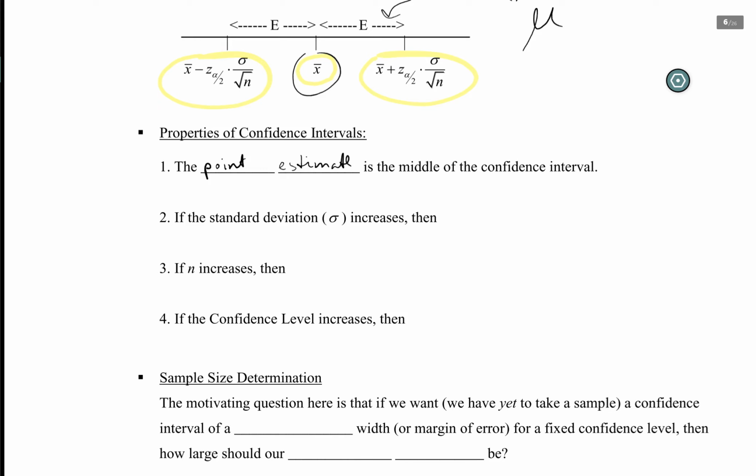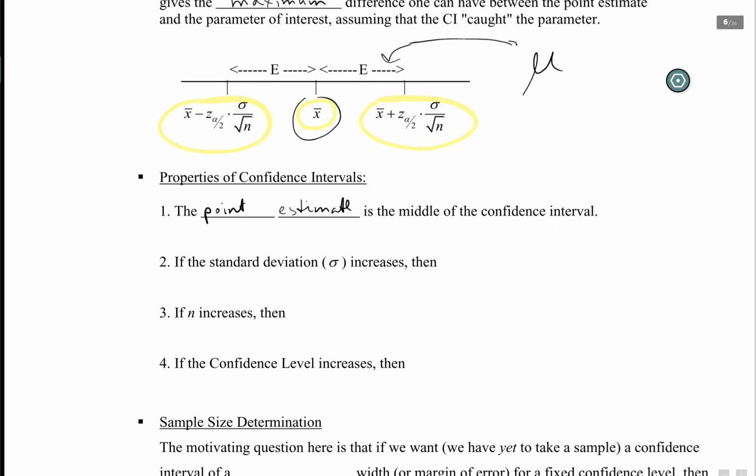Next is that if the standard deviation increases, then let's think about this. If I increase this quantity, that numerator gets bigger and that whole fraction gets bigger, and then the margin of error in turn gets bigger. So if sigma increases, the confidence interval gets wider. That seems intuitive.